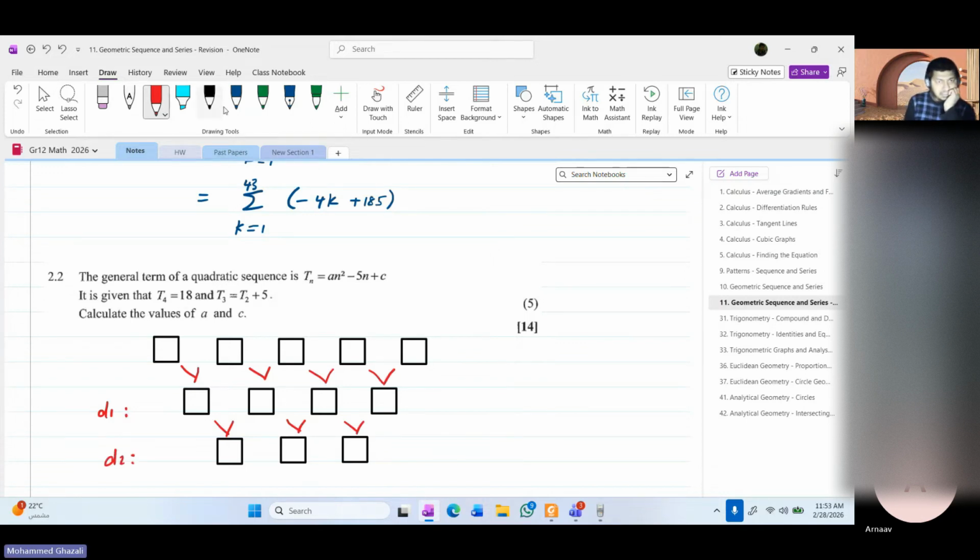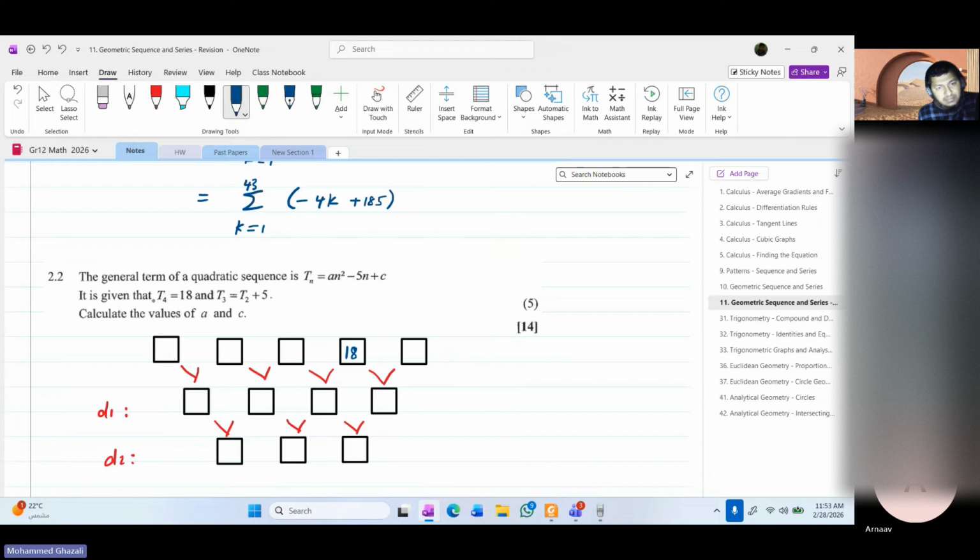Term 4 is 18, right? Term 3 is term 2 plus 5. Calculate the values of A and C. Term 4 is 18, right? That's done.